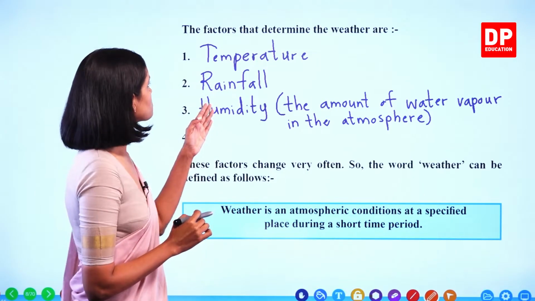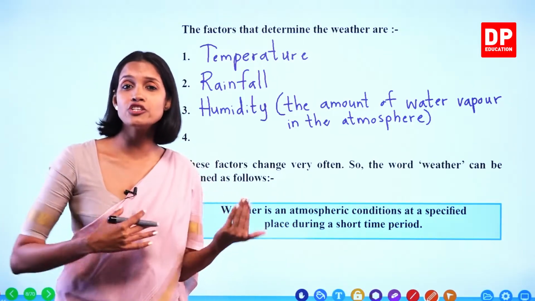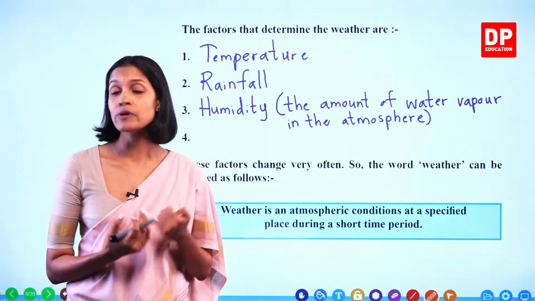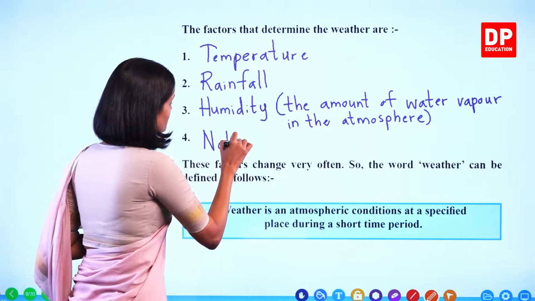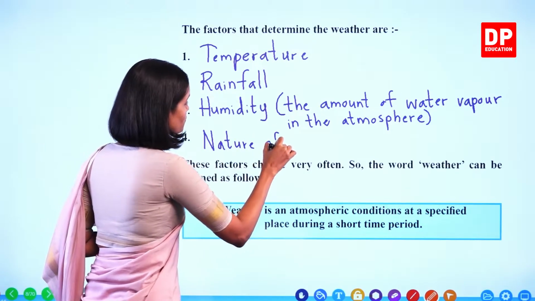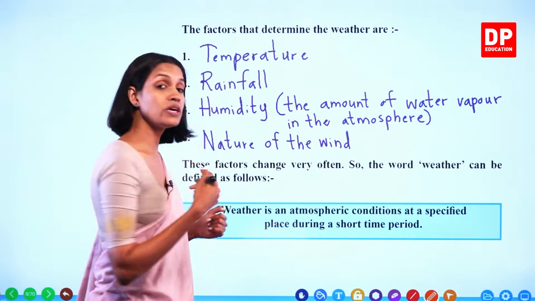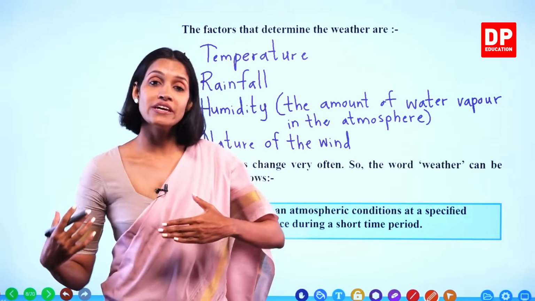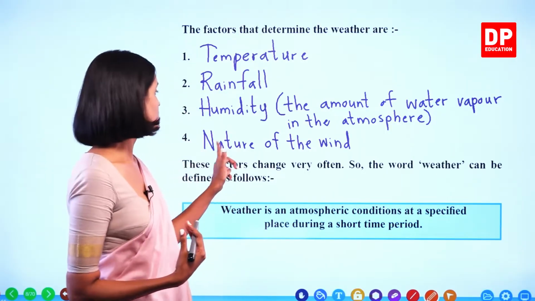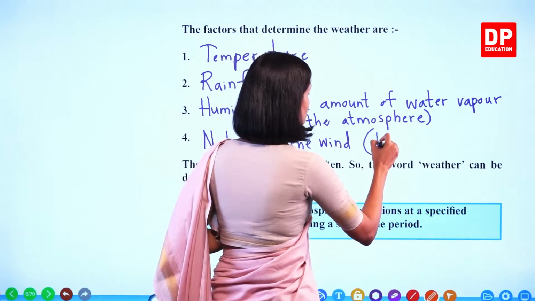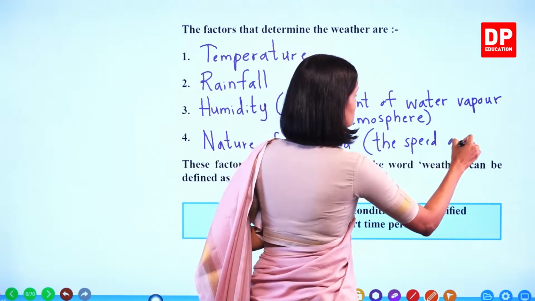Right. So what about the fourth factor, children? We can even consider the wind, because the nature of the wind changes from time to time, place to place, right? Nature of the wind. So we can consider the speed of the wind changes, and the direction it flows from also changes from time to time based on different reasons, okay? So nature of the wind, the speed and the direction.